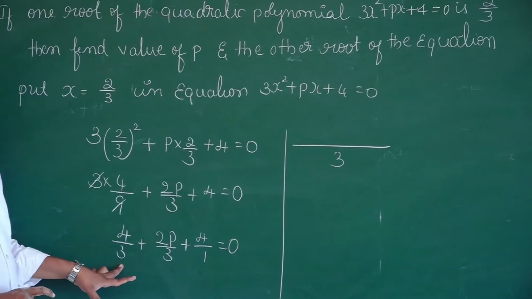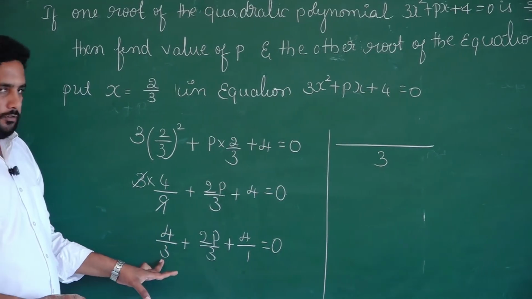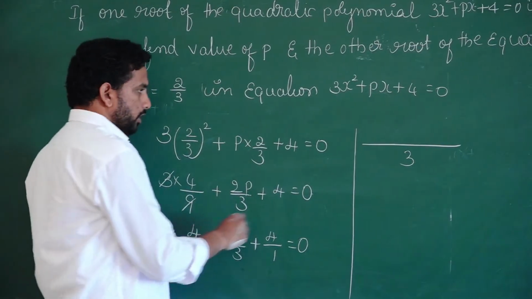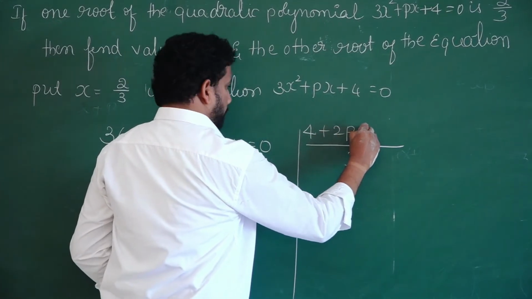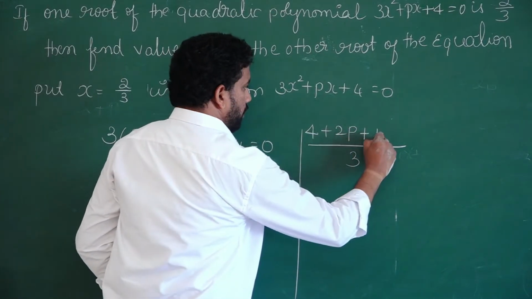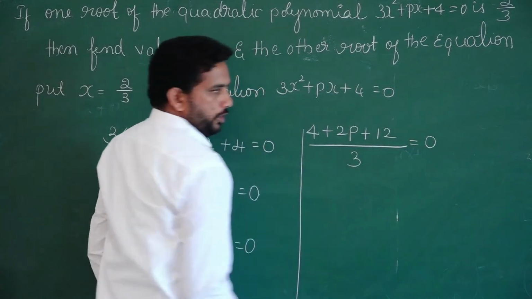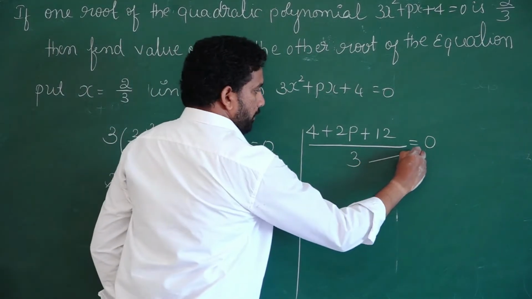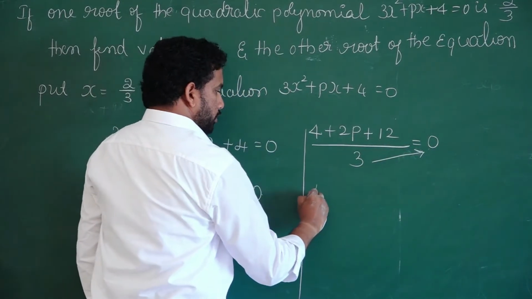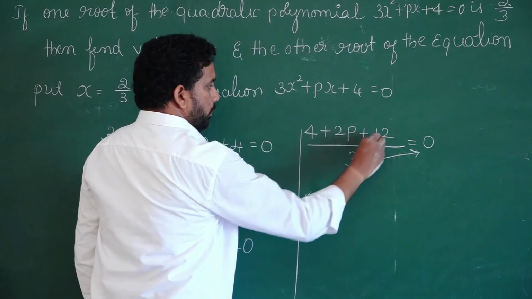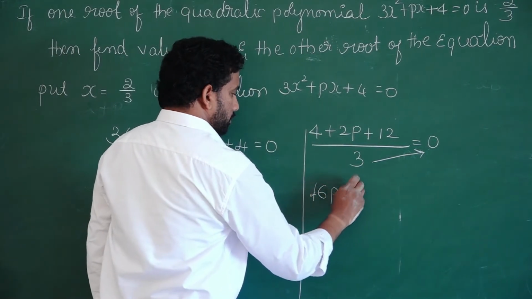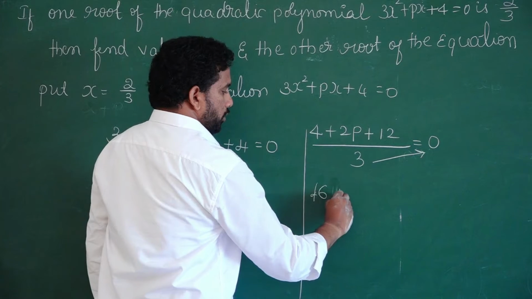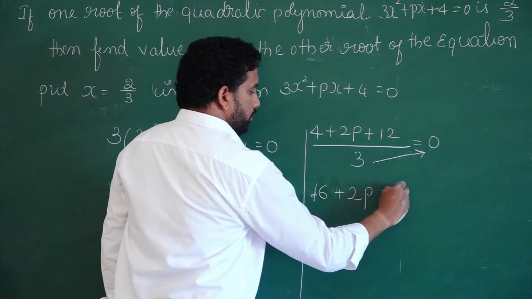So we know how to add this. We get 3, and 3 divided by 3 we get 1. So 1 into 4, 4 plus 2p plus 3 fours are 12 is equal to 0. So we can add 4 plus 12, we get 16, so 16 plus 2p is equal to 0.